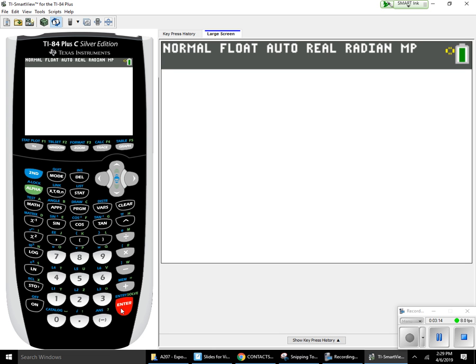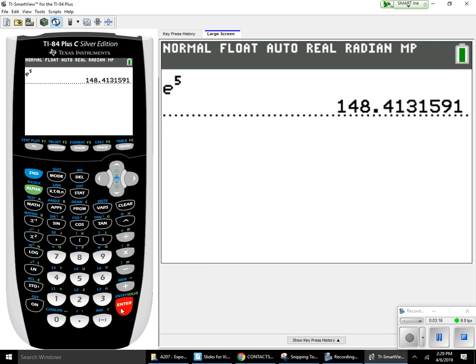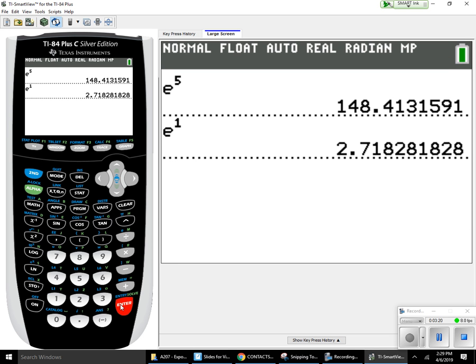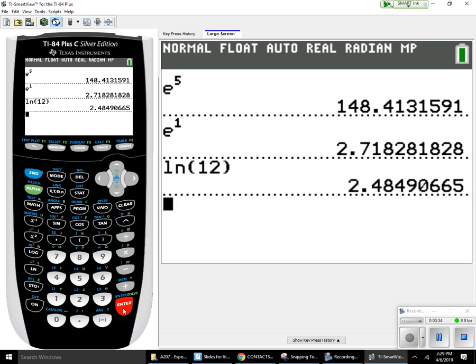Let's do e to the 5. Again, you see kind of an ugly number. E to the first power, well, that's that 2.71828 that we were talking about earlier. If you don't hit the second key, that's your natural log button, ln. And again, you can evaluate ln at any number you want. So I can do ln of 12. I can do ln of anything in its domain.